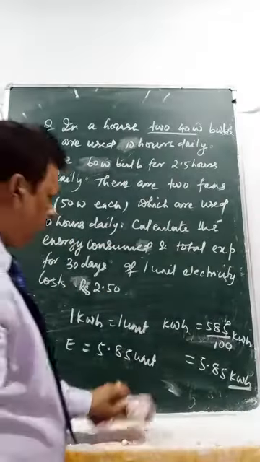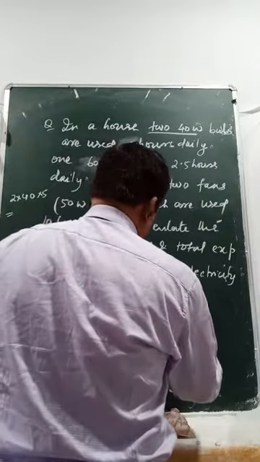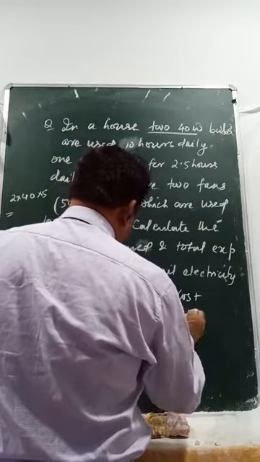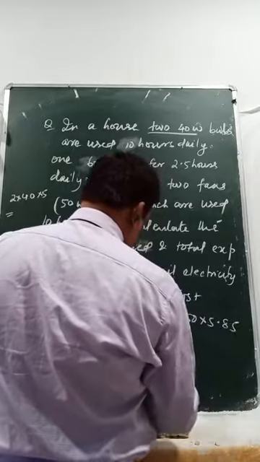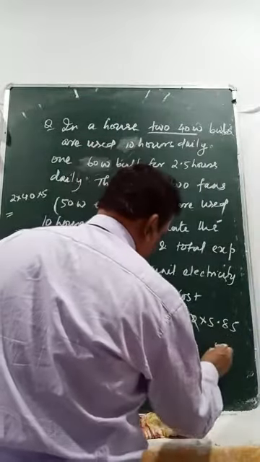2.50. So cost will be 2.50 into the number of units. So this 0 has no value. 25 into 5 is 125.